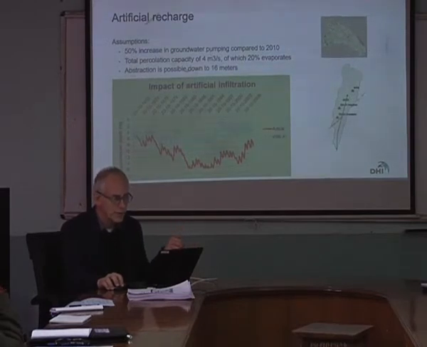The percolation capacity of this artificial recharge would be 4 cubic meters per second, and only 20% is lost. That's very optimistic, but just for this case. Another assumption was that you can abstract down to 16 meters, but not any lower than that.